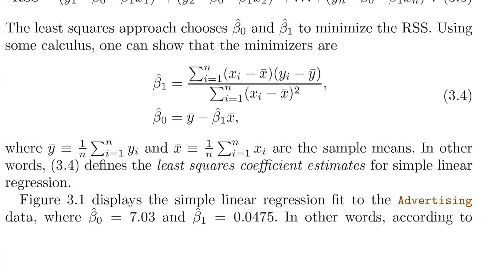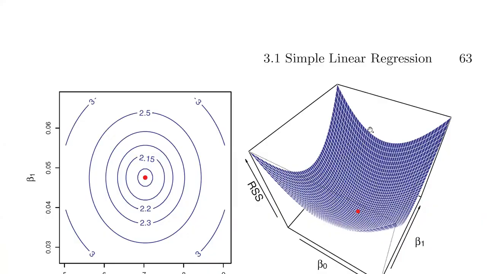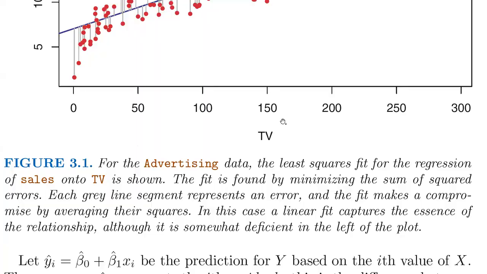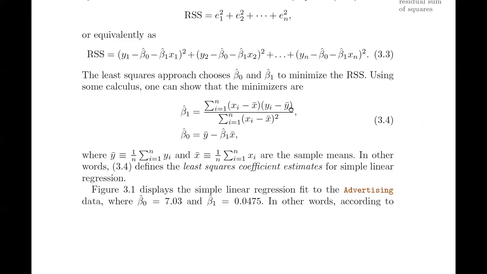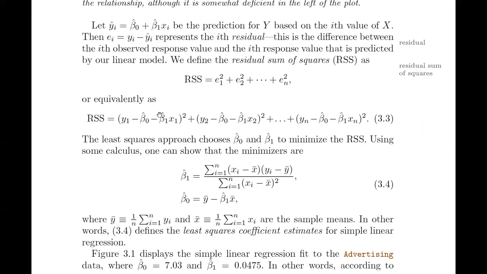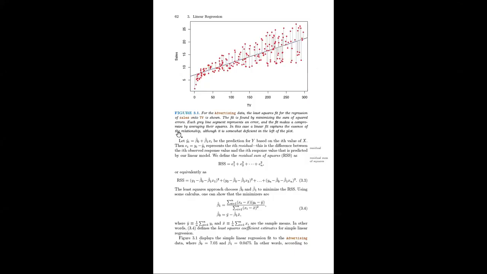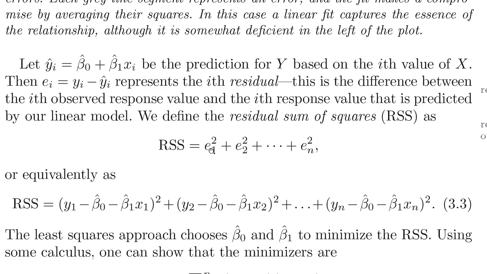Those two formulae give you the beta naught and beta 1 coordinates that minimize the RSS surface. You can see it in this contour plot. And this was using derivatives on the RSS. So we define this variable, which is the sum of the residual sum of squares.